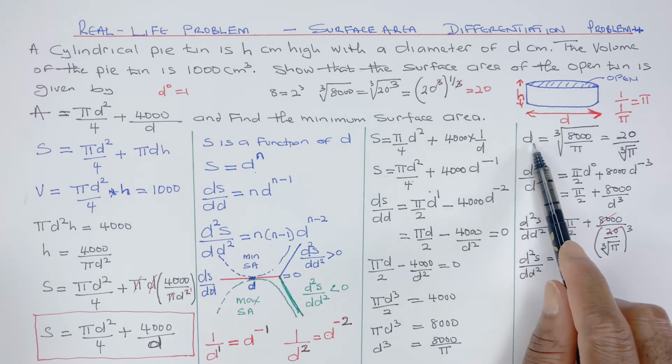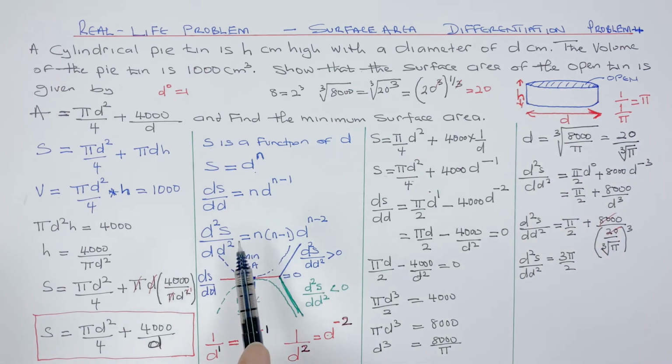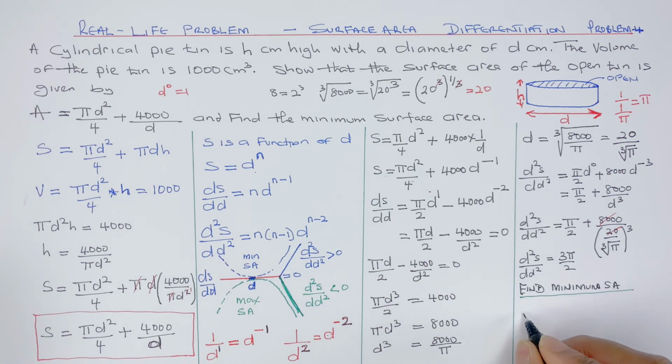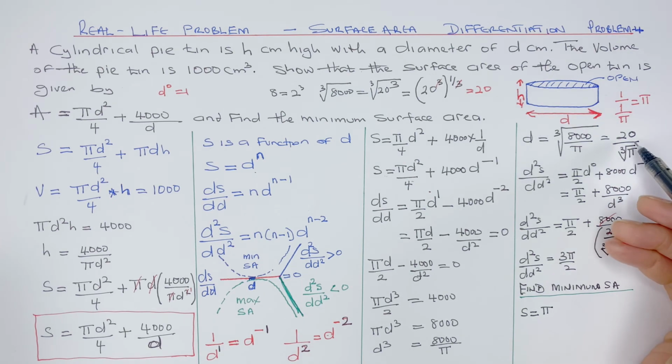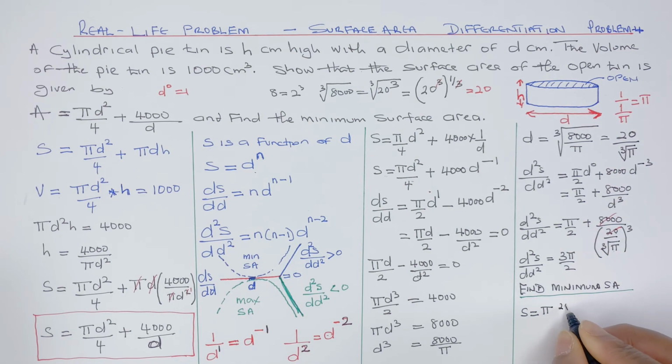We now need to plug this value of d into the s equation, and then we find s. s will be equal to pi d squared over 4, so that's 20 over cube root pi, squared, divided by 4, plus 4,000 over 20 over cube root pi.